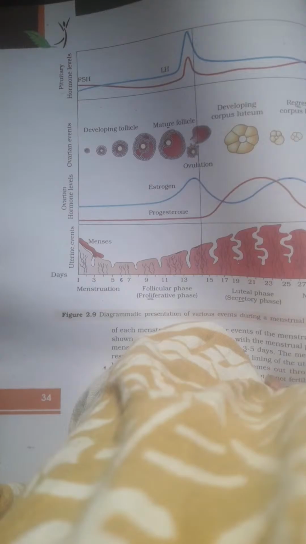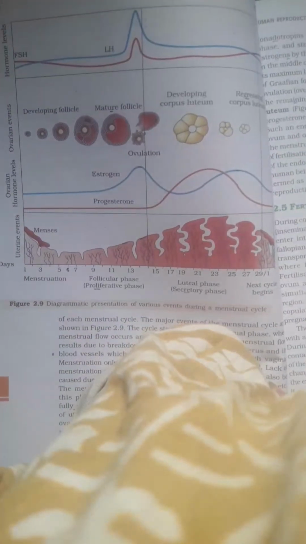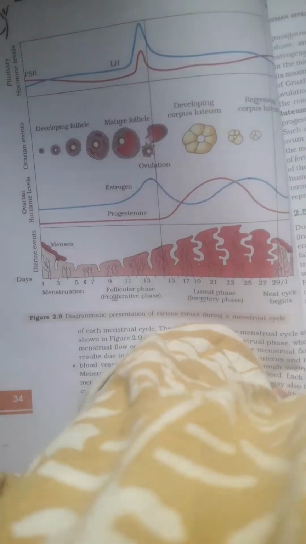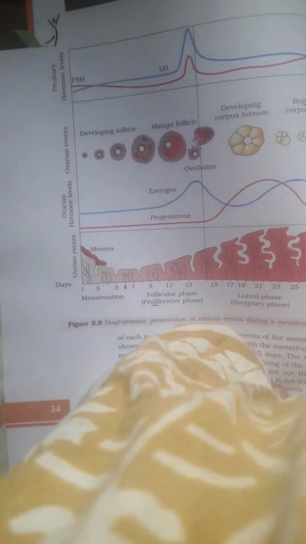You see in the diagram, estrogen and progesterone are both increasing, but estrogen peaks before the progesterone, and progesterone peaks mainly during the secretory phase.